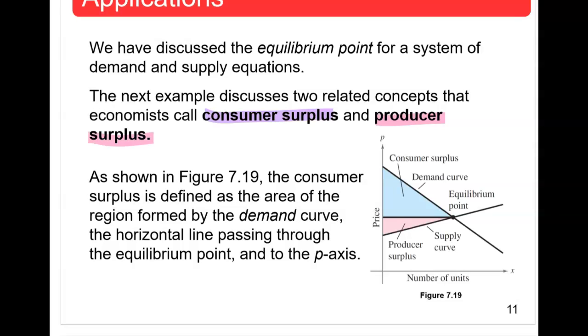So if your producer has a surplus, it's because they have more items than the ones that they are selling.